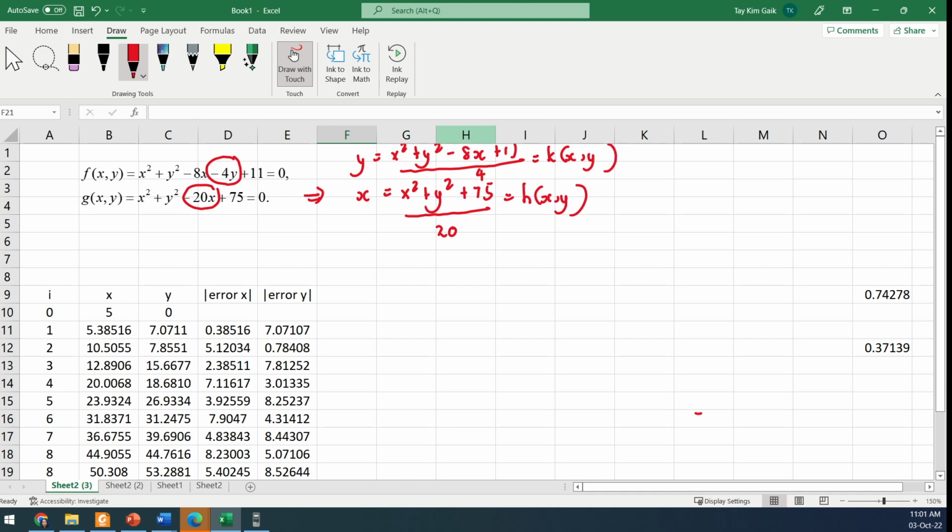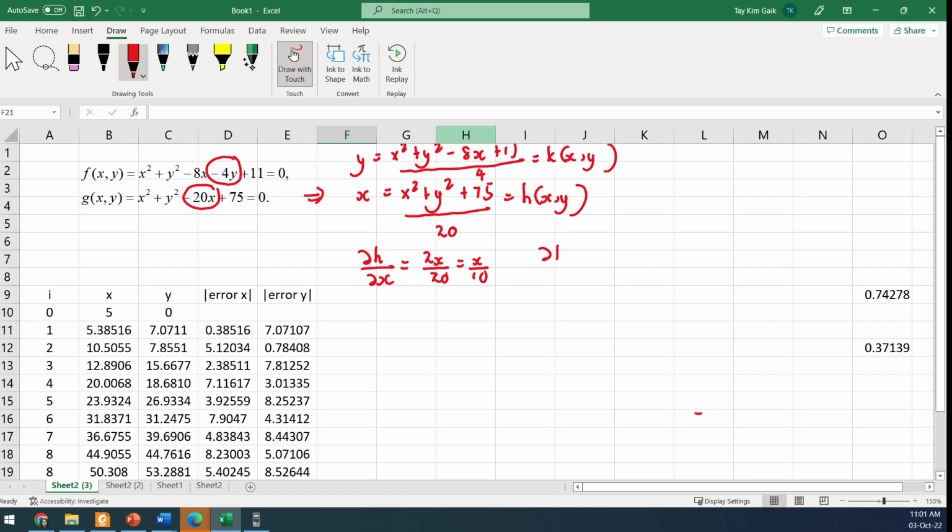And then we will find del h del x. Differentiate the function h, the right hand side here: del h del x is 2x divided by 20, or x divided by 10.